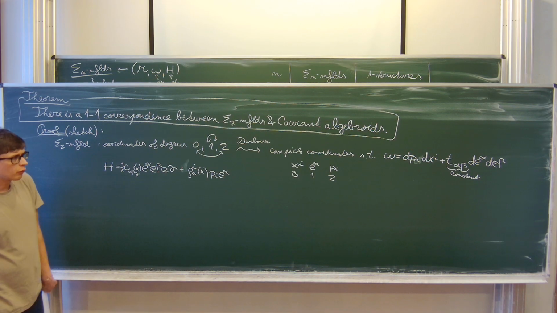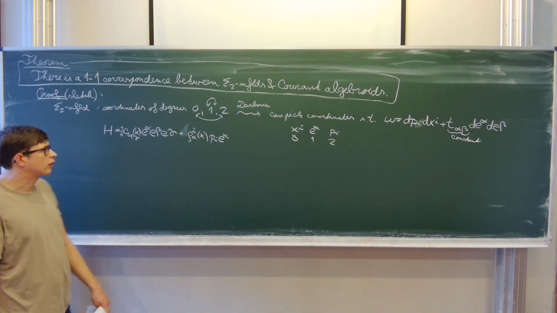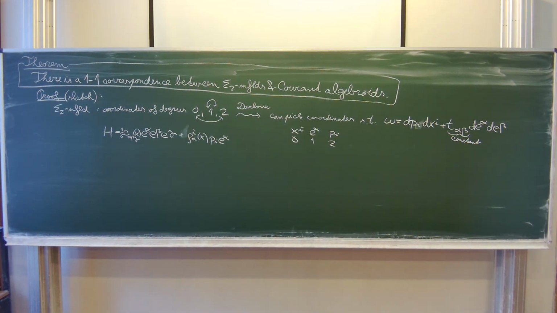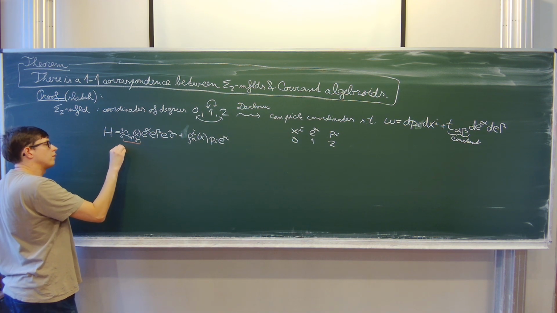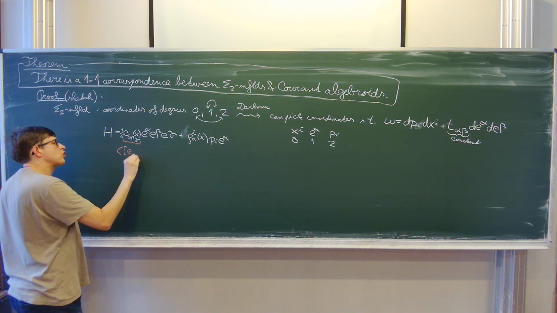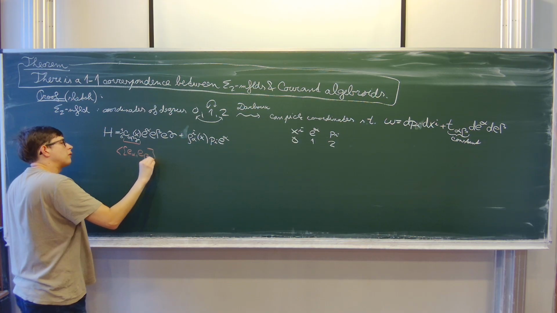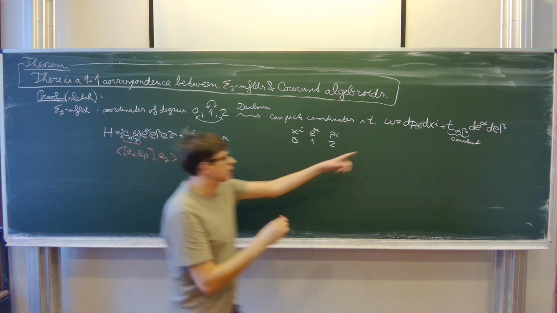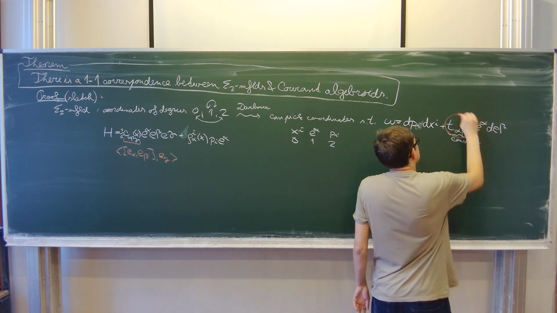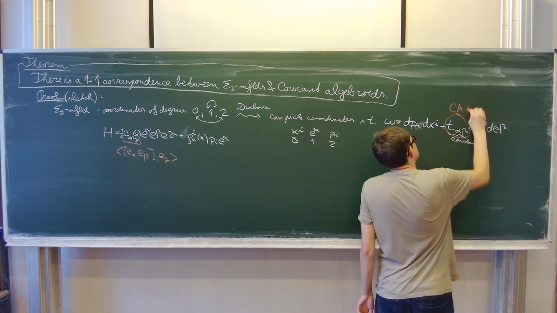And what I will claim now is that this is the structure of the Courant algebra. This thing is simply the structure coefficient of the bracket. But you see, all indices are down, so I'm using the Courant algebra pairing. Incidentally, this is the Courant algebra pairing.